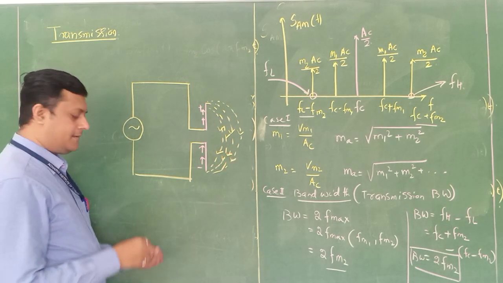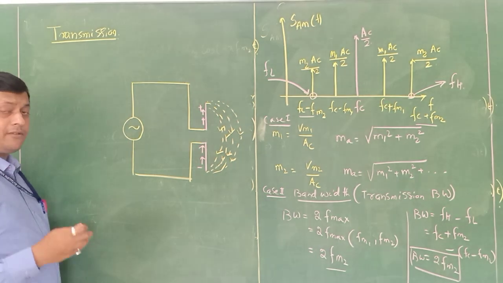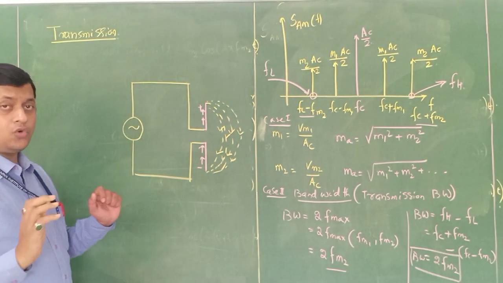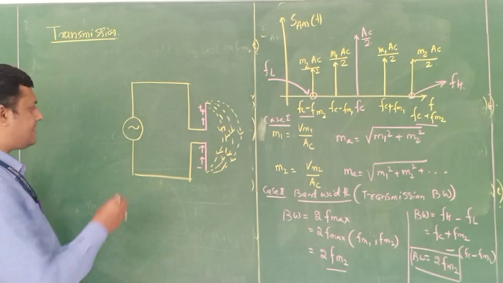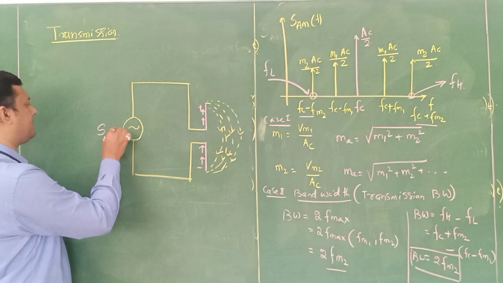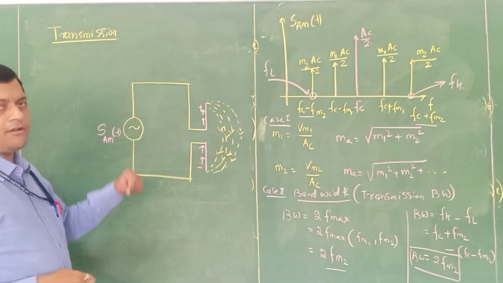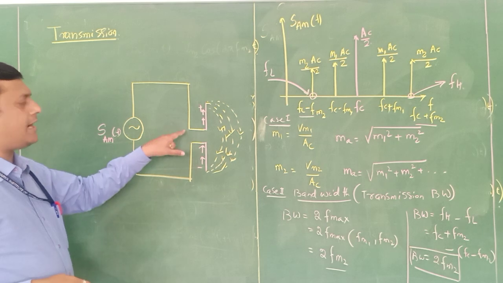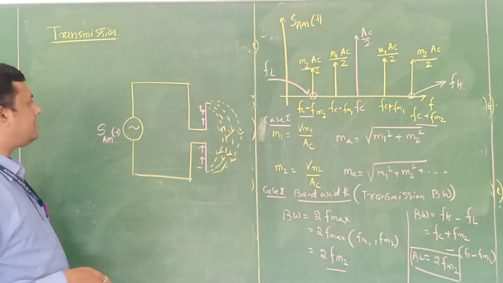Now, let us consider I am transmitting the total modulated signal. That means my source is a modulated signal, S suffix AM of t, and it is analog in nature. Whatever I am transmitting is in the form of an analog signal which is converted into an EM wave. How? We will see.